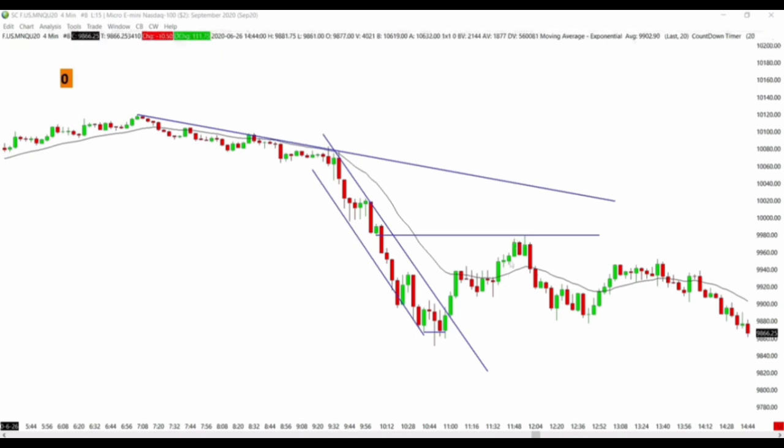So we go up to this level right here. It makes a high, but it can't close above this candle right here. And then the market goes down. So when I see that, I want to sell as soon as it goes below this swing low right here. Okay, so let me show you guys one more example.